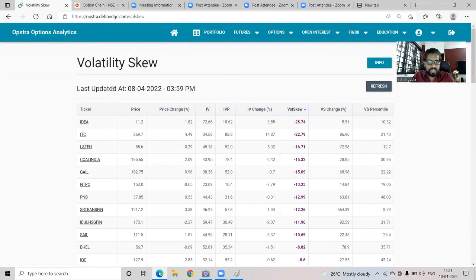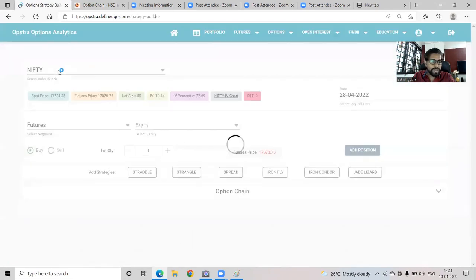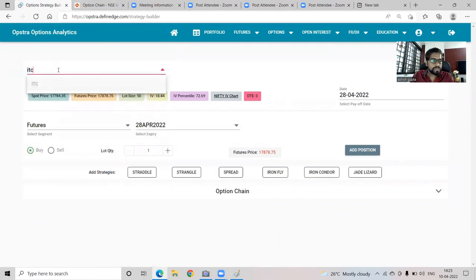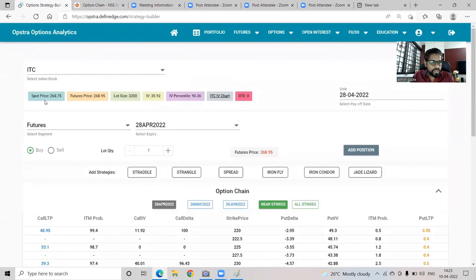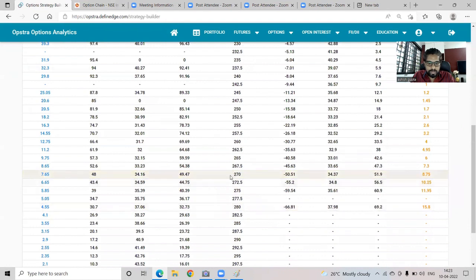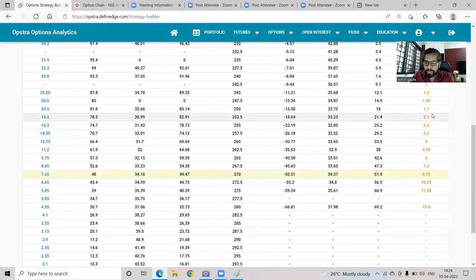Let's look at the option chain of ITC also. Okay, so we have the future closing at 269. Let's consider 270. The 290 call option is 3 rupees, and the 250 put option is just 1.7 rupees.